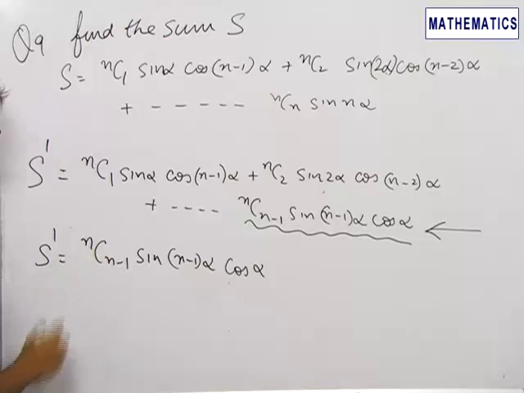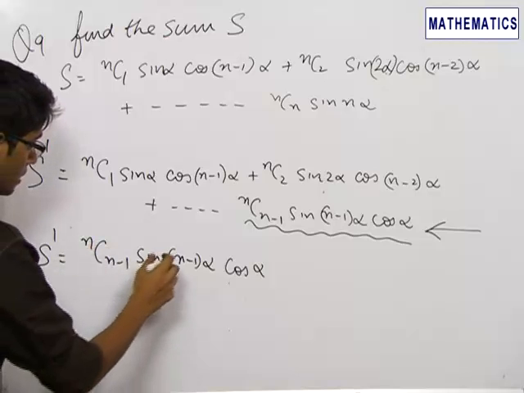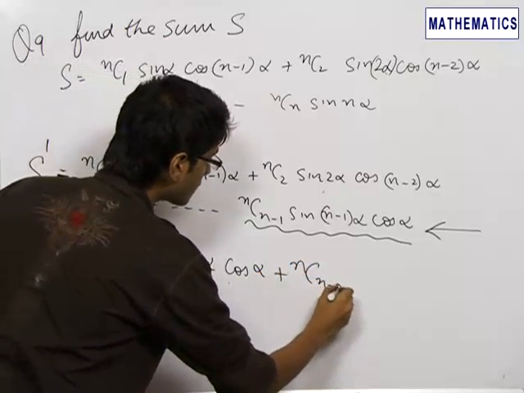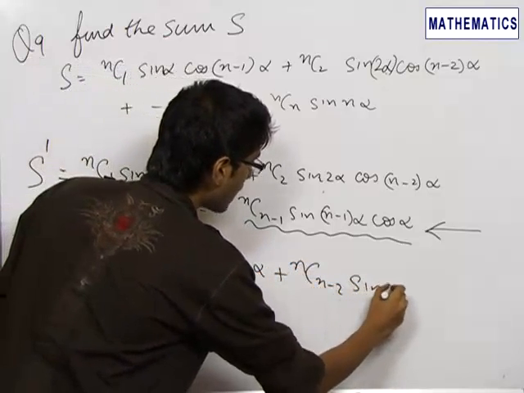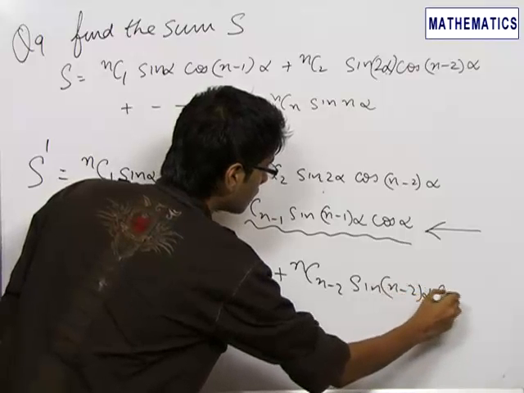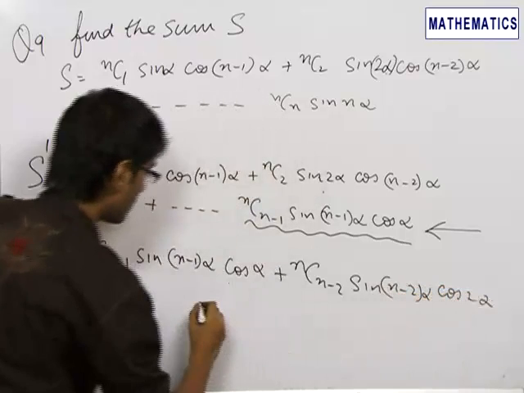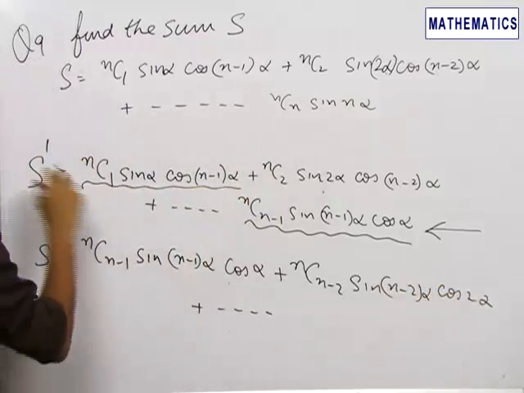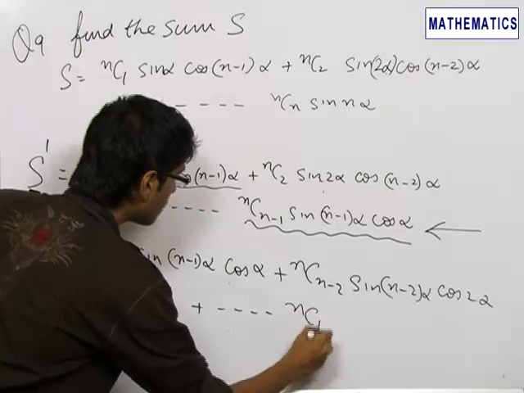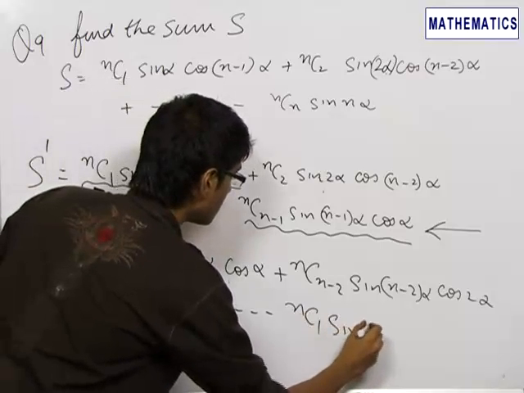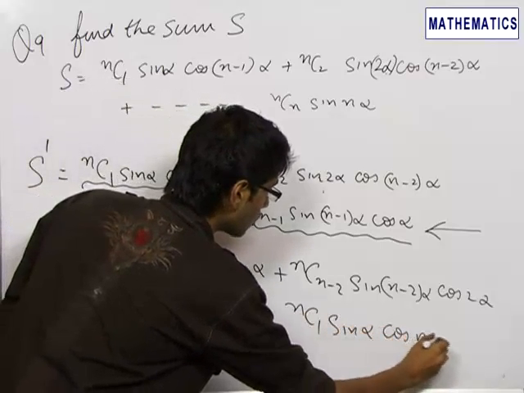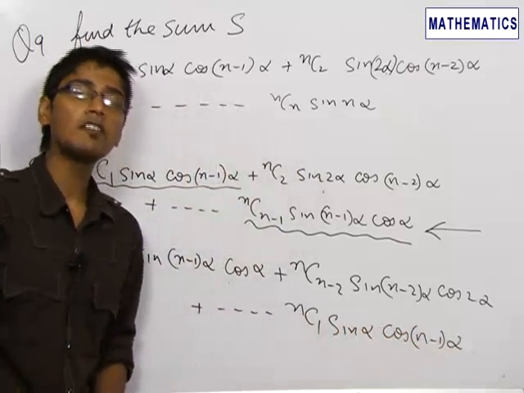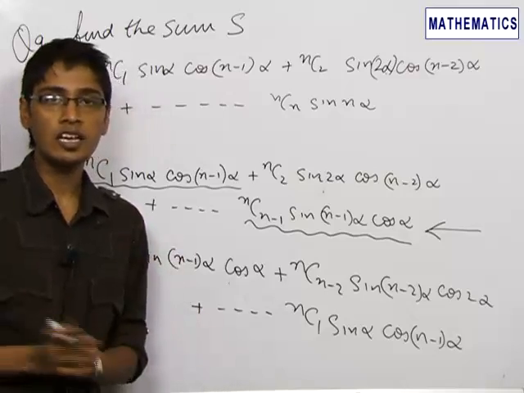So we get S dash is equal to NCn minus 1 sin n minus 1 alpha cos alpha plus NCn minus 2 sin n minus 2 alpha cos 2 alpha, and writing the last term, which was the first term in the previous S dash, as NC1 sin alpha cos of n minus 1 alpha. We have not done anything special, we have written just the whole expression in the reverse format.